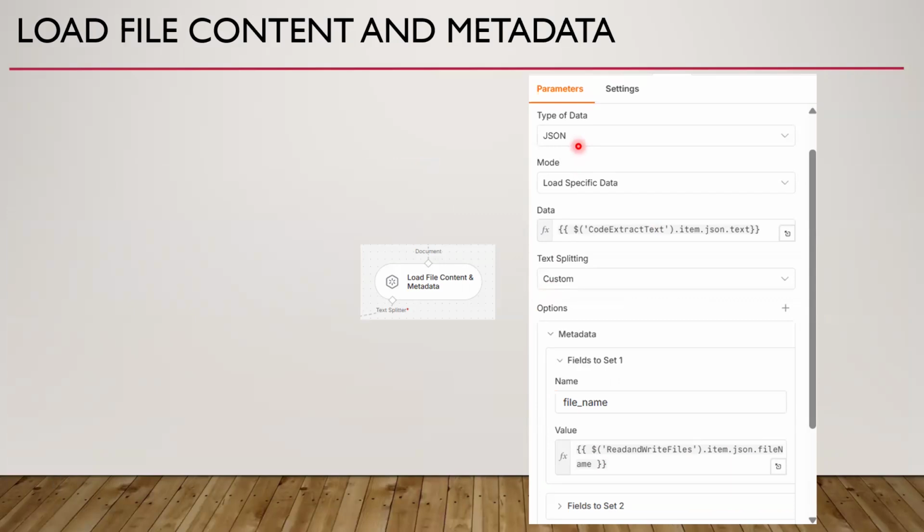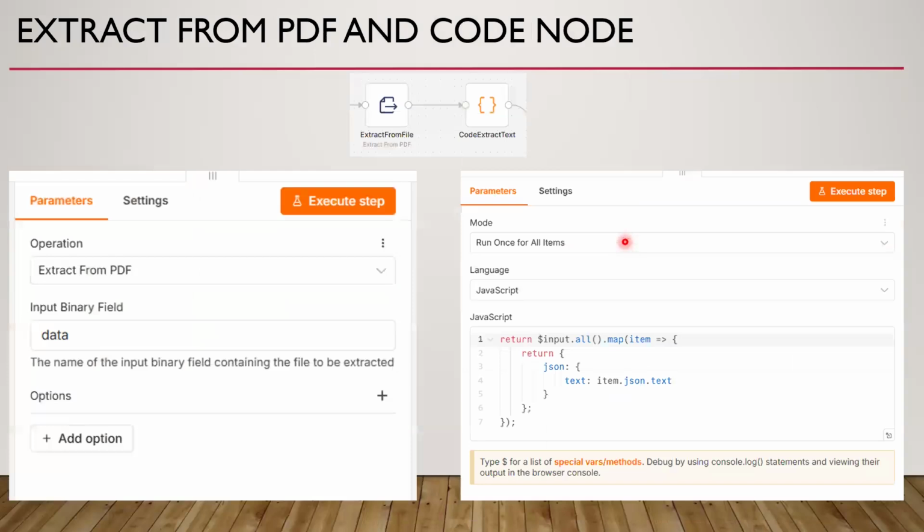And this is the local file content and metadata. Here we do two things. First, we need to get the main text from the code extract text node. Let me show you. This is the code extract text node. From here, we retrieve the text of the document.